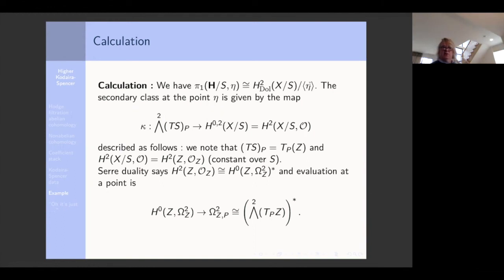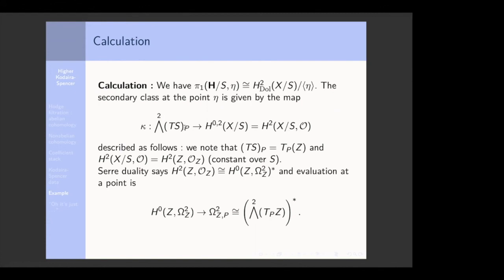Since eta was in H^{1,1}, we don't care about the mod eta thing. The kappa obstruction class goes from the second exterior power of the tangent space of the base into H^{0,2} of the fiber. I probably should have erased that P here. This should be X_P, if we want to take the value at the point P.